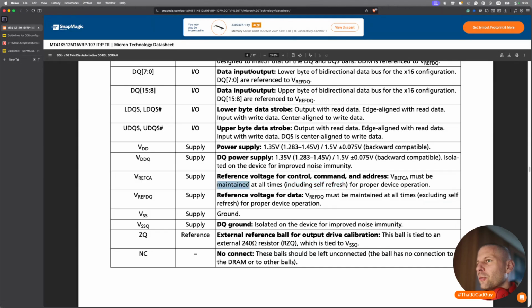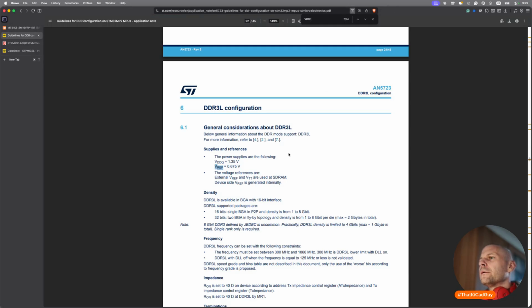Does it mean that it's connected or maintained like regulated? Don't know. DDR-VREF on the CPU.